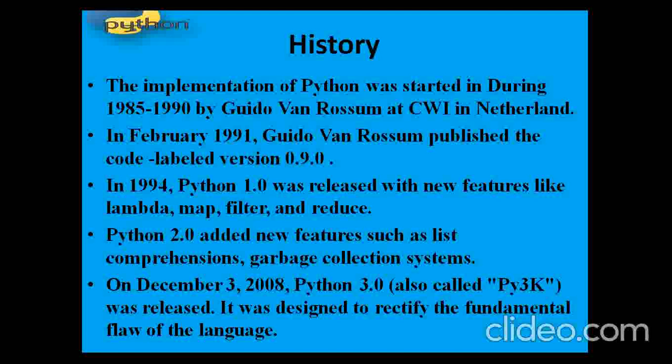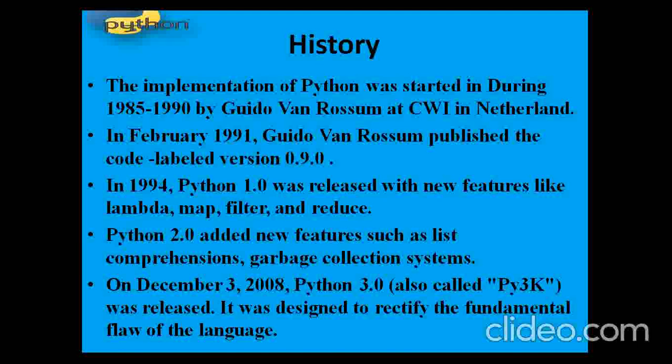So at that time, Guido thought he needed a name that was short and unique for his programming language. So he decided to call the language Python. This is the history of Python.